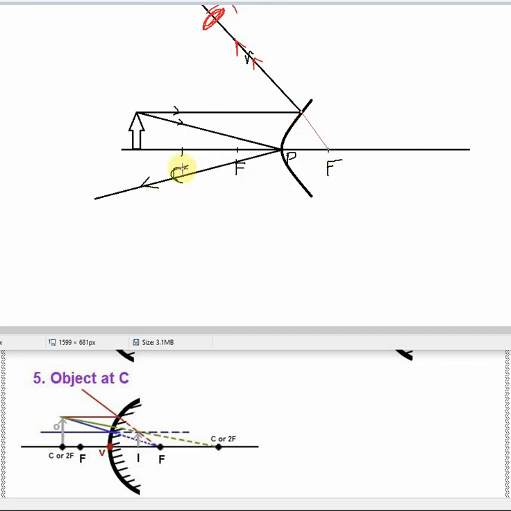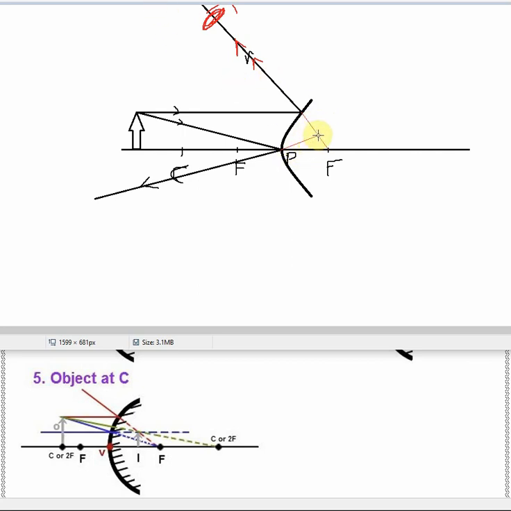And this ray also will be extended backward like this. As we see, these two virtual lines that I have drawn are meeting at a point. This is the meeting point, so we know this will be where the image is placed.